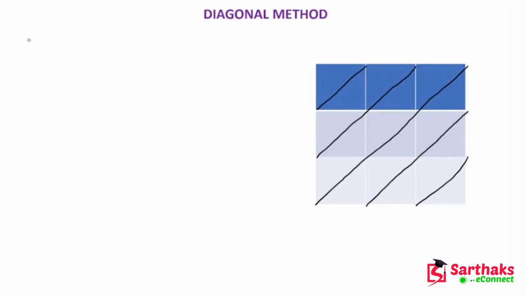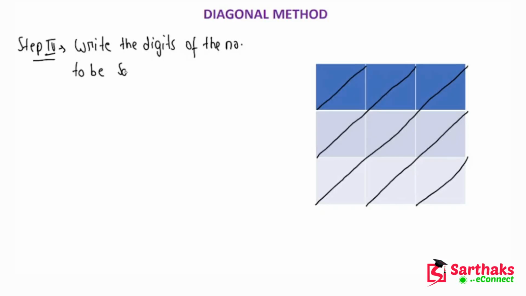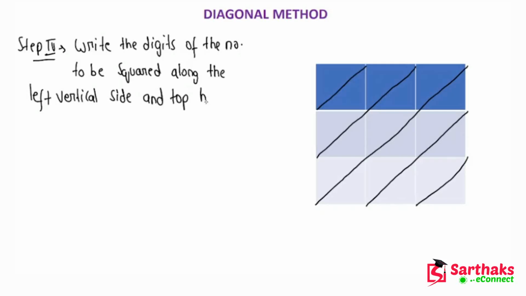Now step number 4 says, write the digits of the number to be squared along the left vertical side and top horizontal side of the square.